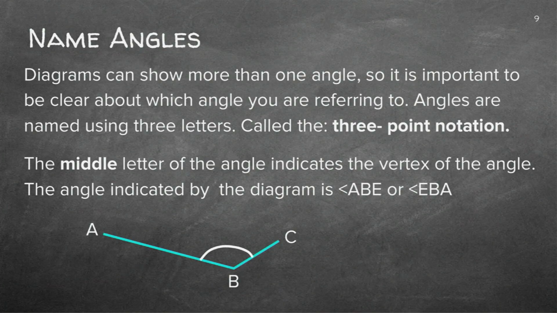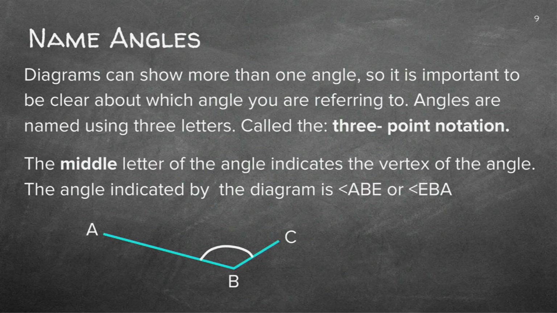So it is important to be clear about which angle you are referring to. Angles are named using 3 letters, and we call this the 3-point notation. The middle letter of the angle indicates the vertex of the angle. In other words, where we're going to put our protractor to measure our arm.